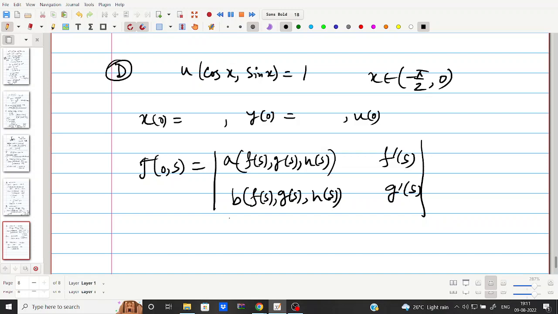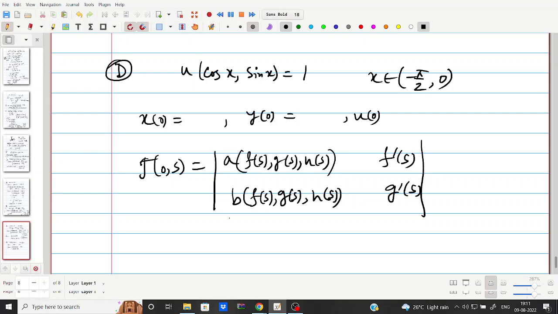So a is my x square plus y square from the problem, and b is y. So x0 is fs, y0 is gs, and u0 is hs. So what is my a? It is cos square plus sin square, right? What is f dash s?